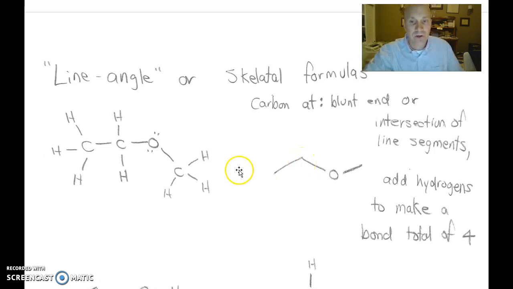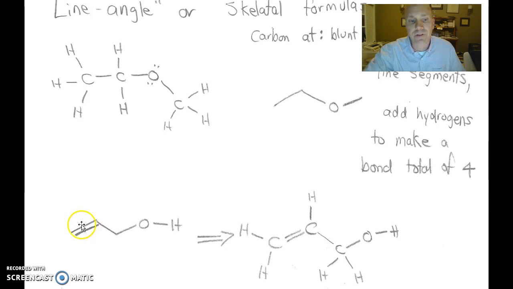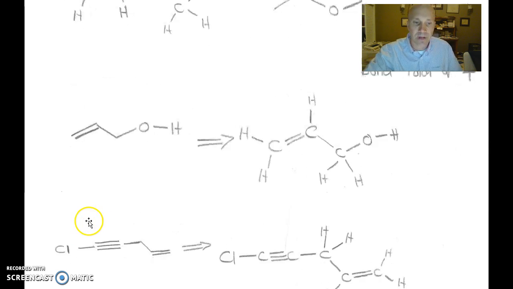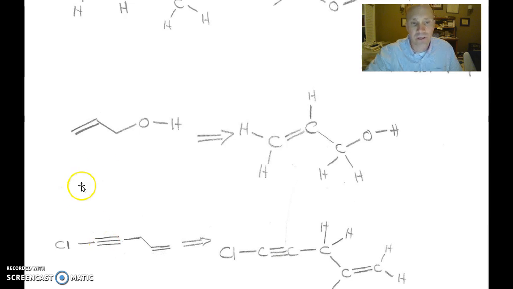All right, so going down to this thing right here, this is a double bond, and this is a triple bond. One thing that you hopefully noticed is that when I drew this double bond, I didn't draw the line segment coming straight out from it. I drew it coming down so that this is approximately a 120-degree angle.